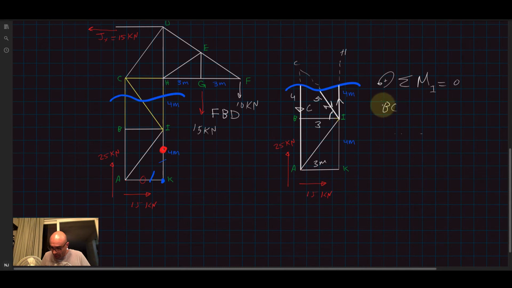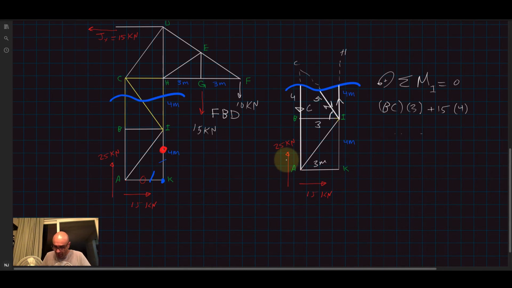So I am going to start with this one that creates a moment about I. BC times 3, and it's going this way, that is counterclockwise, so it must be positive. I'm also going to put this one here, it's counterclockwise about I, and this is the 15, which was the AX. 15, acting about 4 meters away.